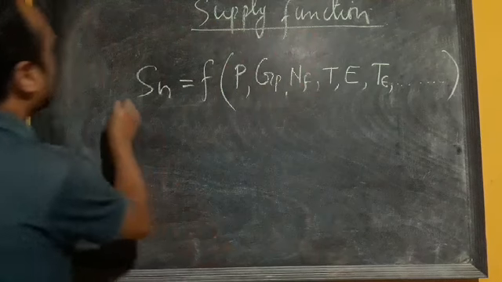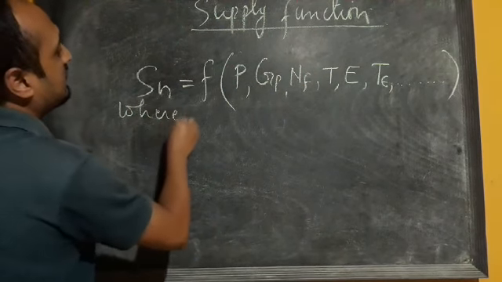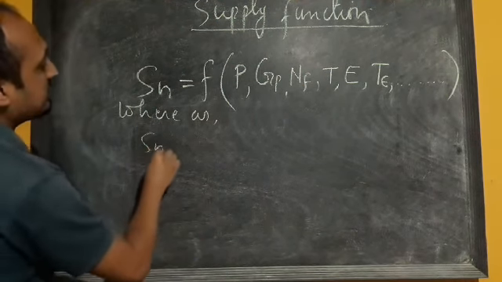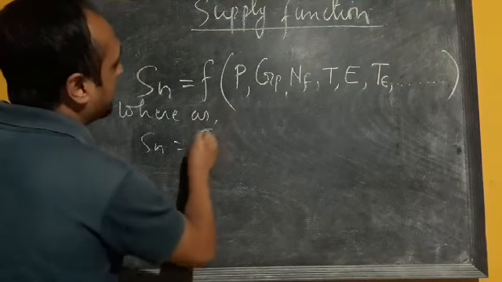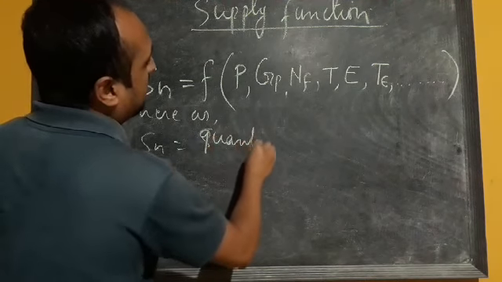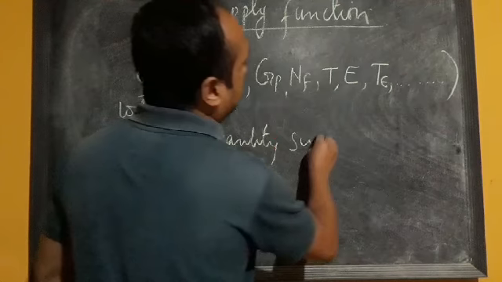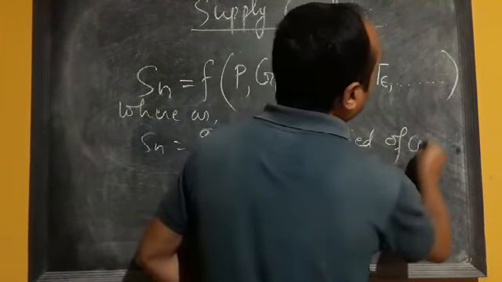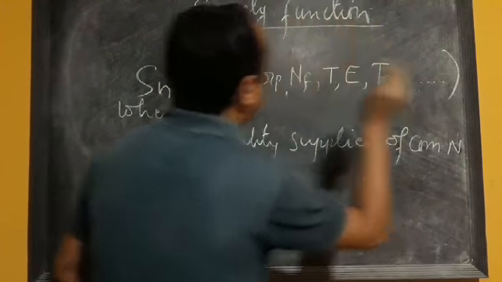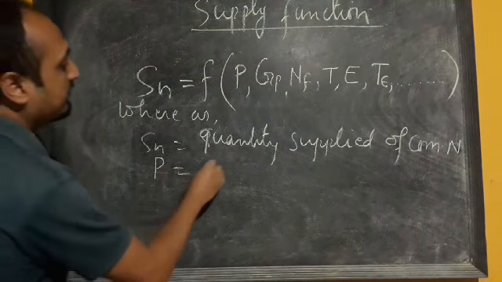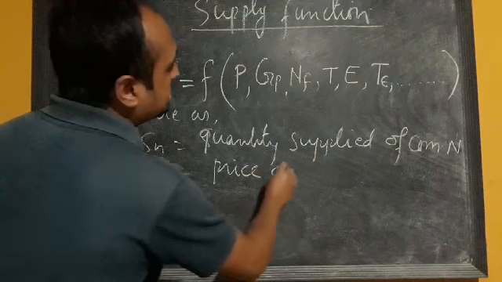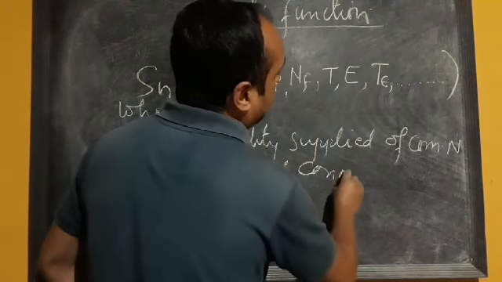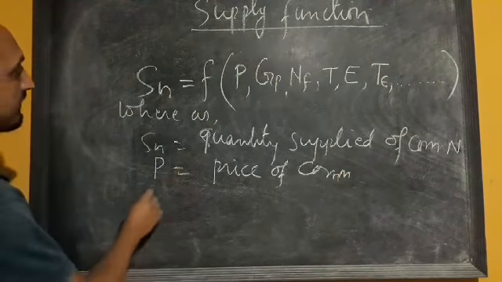Here, Sn represents quantity supplied of commodity n. P represents the price of the commodity.